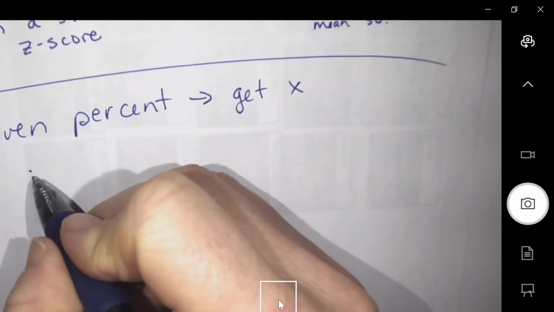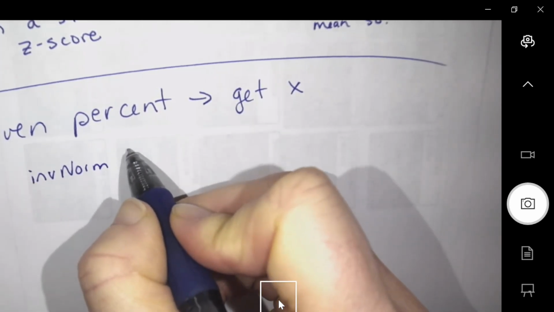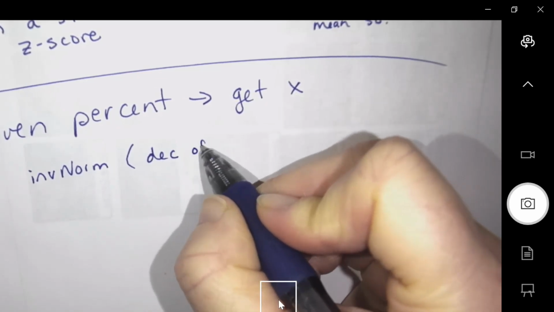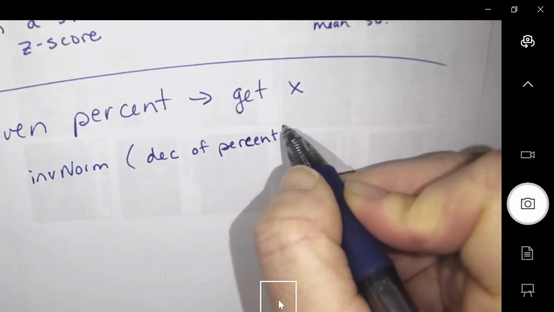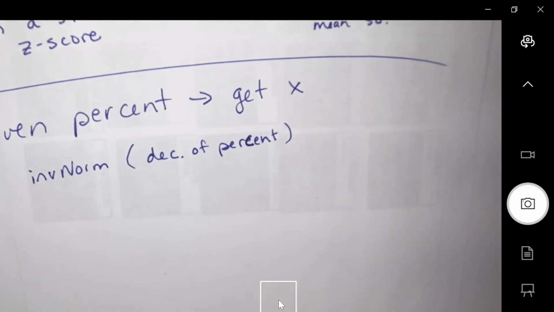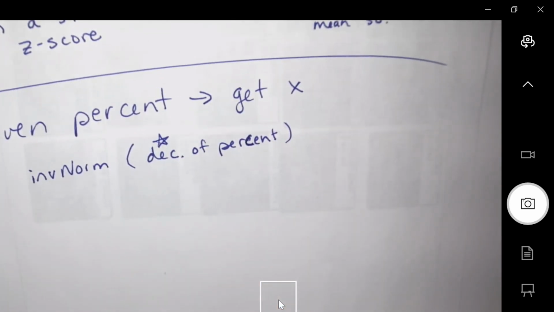Now the button is the inverse norm. Yes, in decimal. Always in decimal form. You have to make sure it's, bless you, always in decimal form. Make sure you've written yourself a note for that.